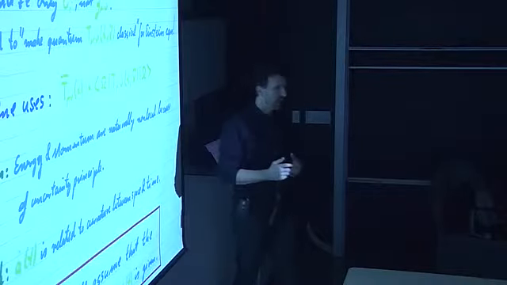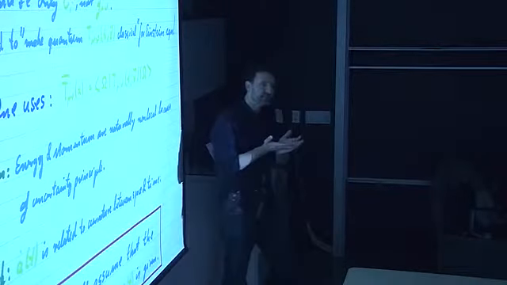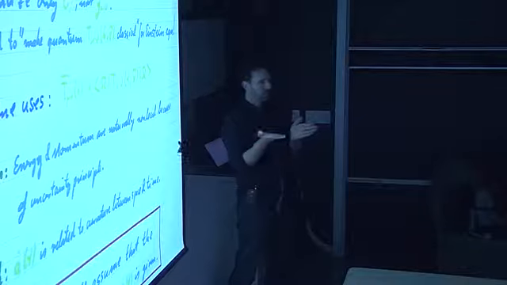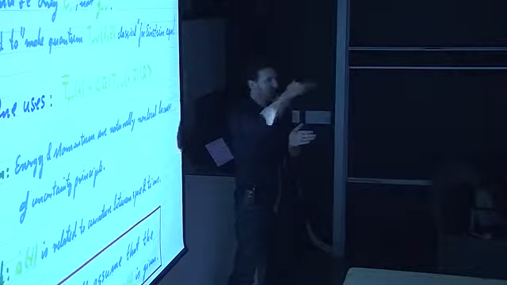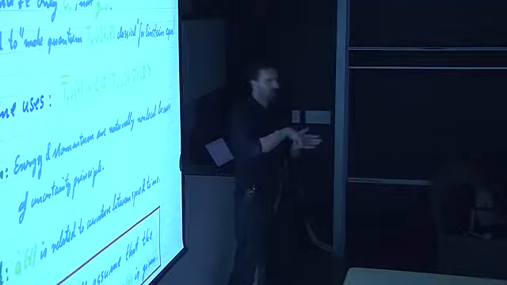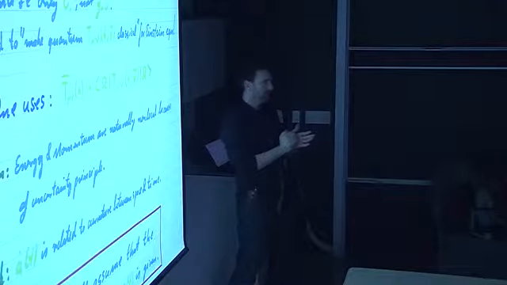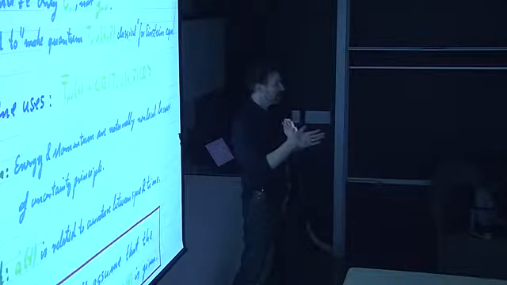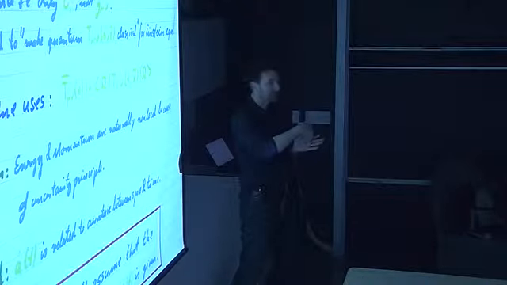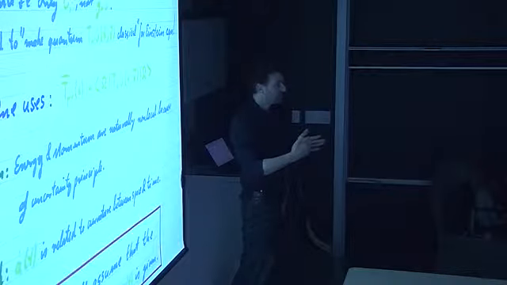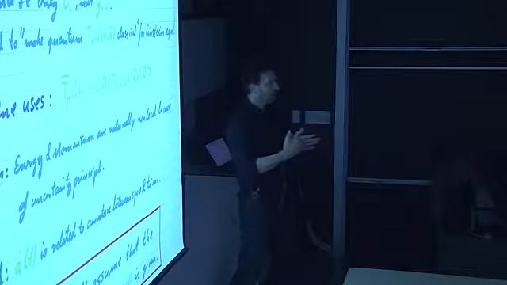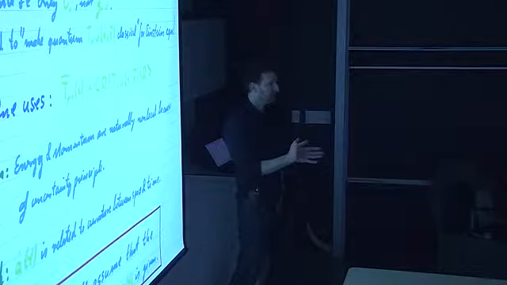And if you remember what curvature actually means, you do parallel transport in one direction, then in another direction, and then you go back closing the parallelogram, and you don't come back where you started. If one of those directions is time and the other is space, and you don't come back to where you started, what it means is that space has expanded or shrunk. So curvature in the space-time directions between space and time is really expansion or shrinkage.